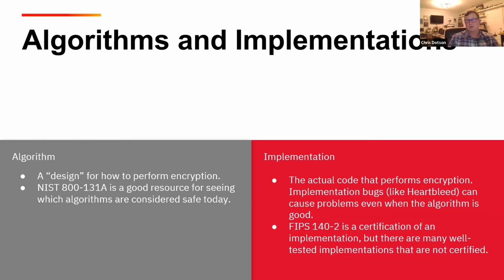If you want to know what algorithms are considered good at this point in time, there are some resources like NIST 800-131A. And then if you have a regulatory requirement to use certified implementations, then you have to look for something that's FIPS 140-2 or FIPS 140-3 certified. You usually don't have to do that unless you're in specific regulated industries that explicitly require FIPS. By the way, you can generally use uncertified algorithms in your environments, even in those regulated environments.